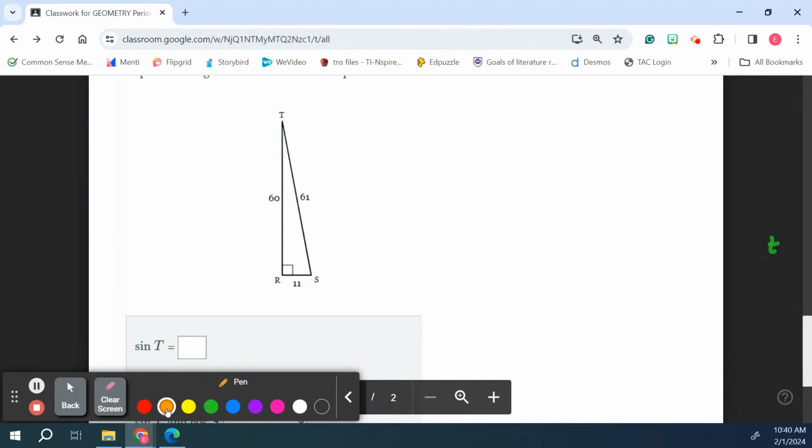Let me grab a different color. Now remember, the sine is going to be opposite over the hypotenuse. So that's going to be 11 over 61. Does that reduce? Yes, no, maybe so. Check your calculators and hit math frac after. Does it reduce?